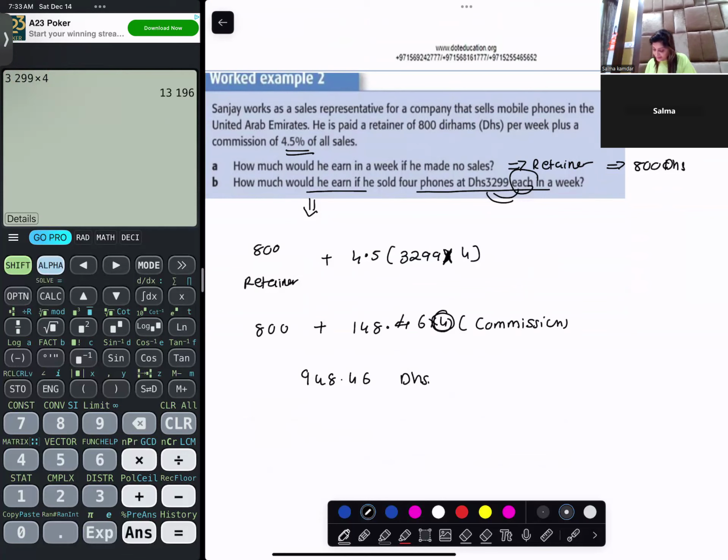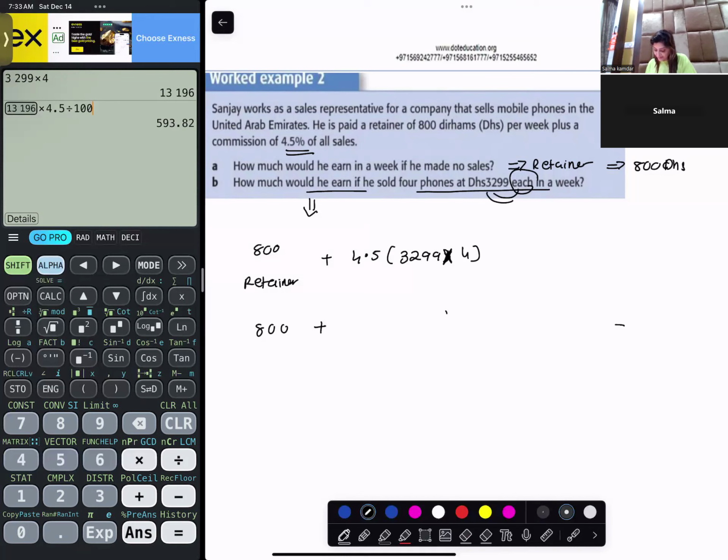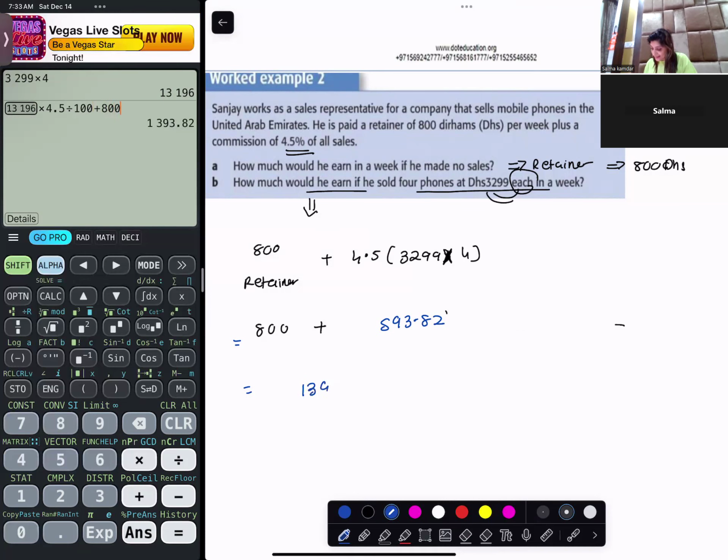So the total commission that he is going to get is 593.82. So his earnings in that week were 1393.82 dirhams.